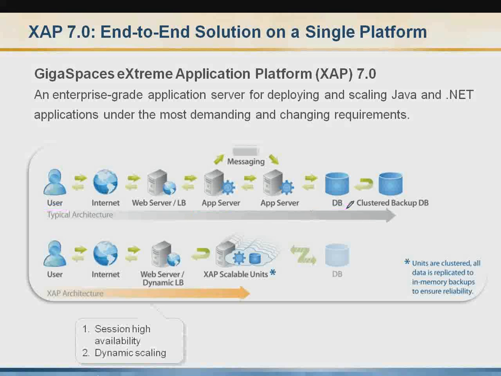Naturally, we also support high availability of the session, and dynamic scalability of the application if needed. The processing units themselves are founded on top of our in-memory data grid. All the messaging and data capabilities are based on the data grid, the capabilities of the space, of Gigaspaces.